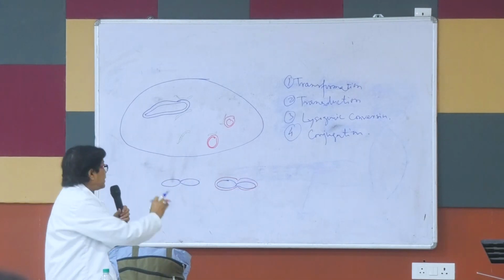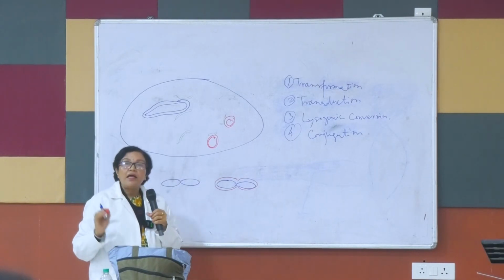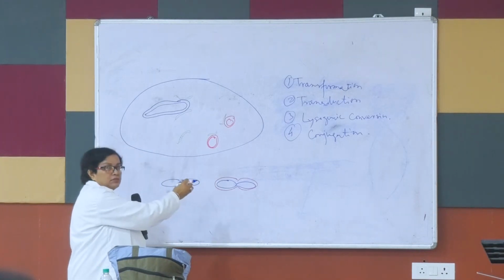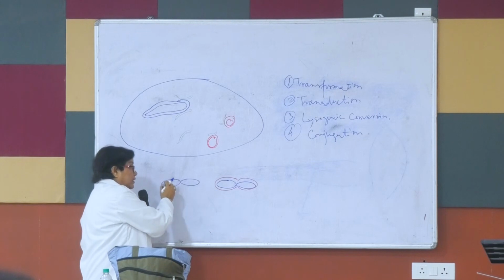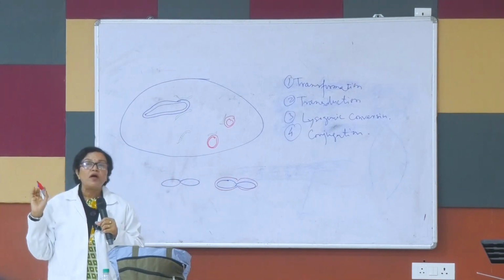The virulence factor is in the capsule, but that strain is dead. The rough one is living, but it has no virulence factor because it has no capsule.